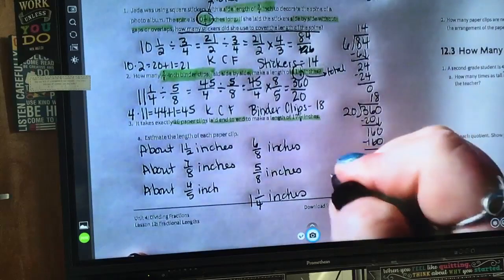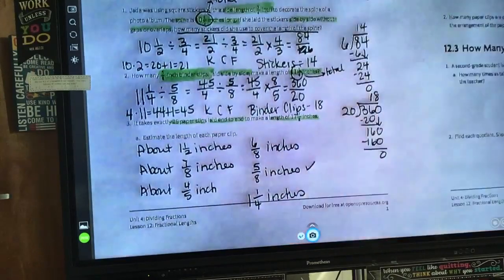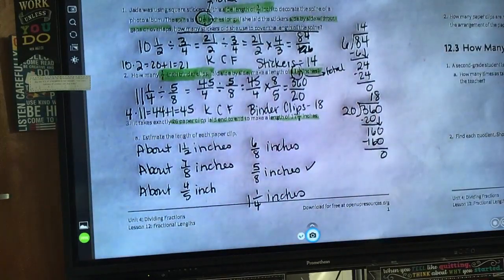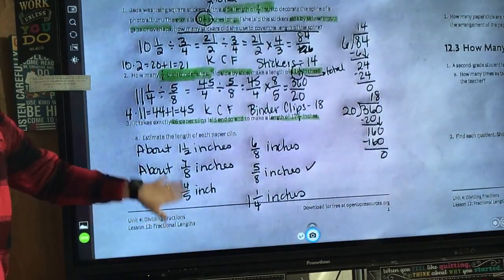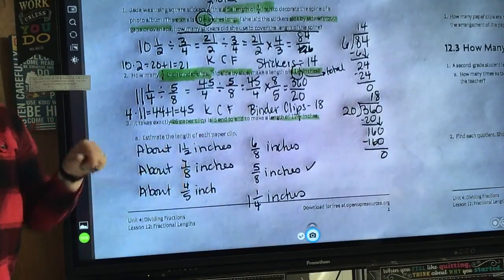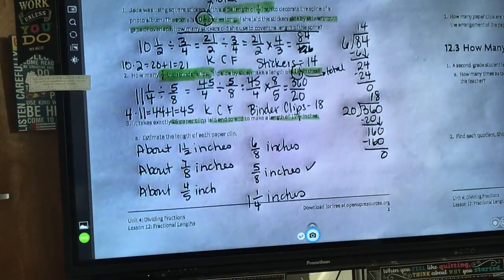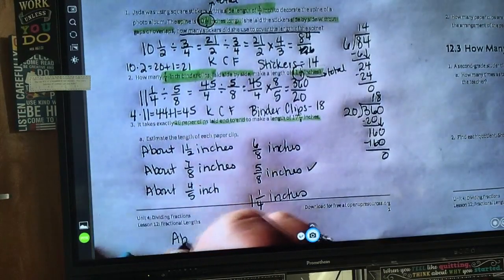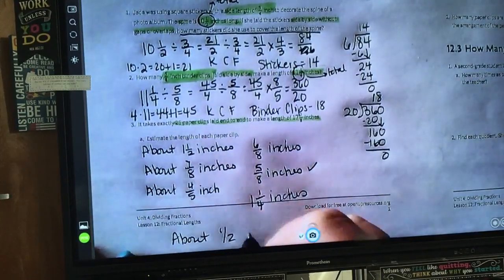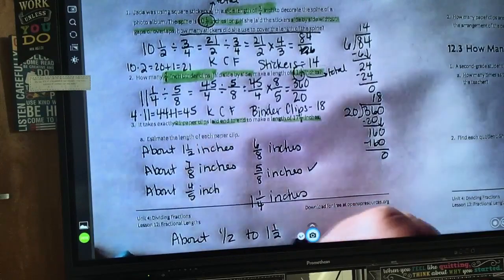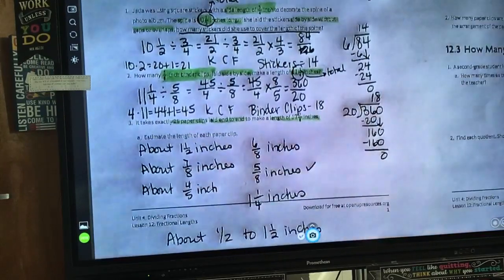Okay. So what do you notice about all of these? Starting with 4/5, and then all the way up to 1.5. So essentially, we're estimating that it's anywhere from about half to 1.5 inches. Okay?